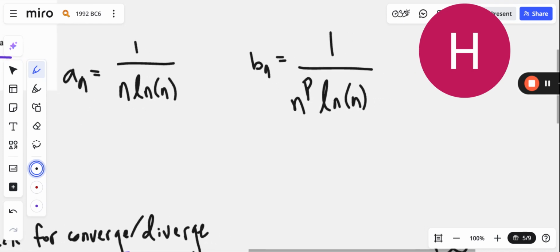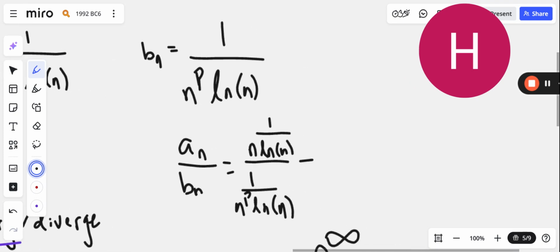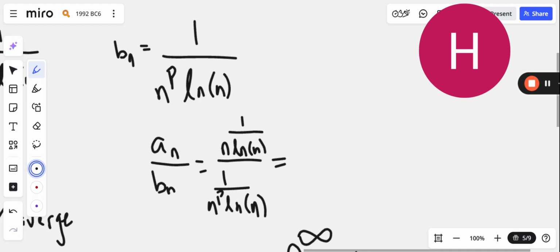If we take a ratio of those terms, then we end up getting 1 over n ln n, over 1 over n to the p ln of n. And this will nicely flip, multiply, cancel, and we end up with n to the p minus 1.